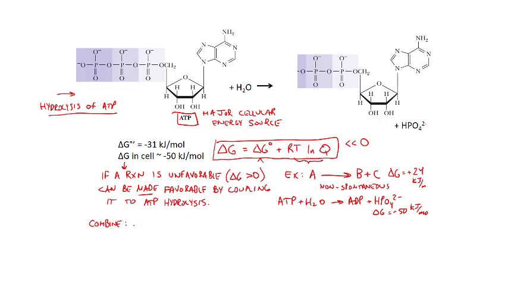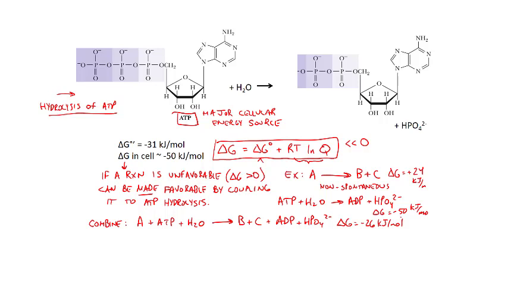If there's some way that you can make the reaction A forms B plus C happen at the same time, more or less, or in the same place as ATP hydrolysis, then our overall delta G is now going to be negative 26 kilojoules per mole.